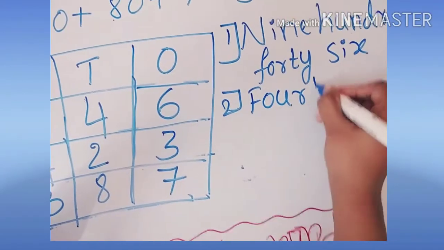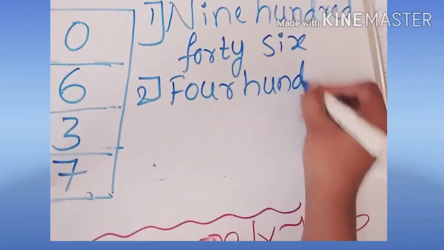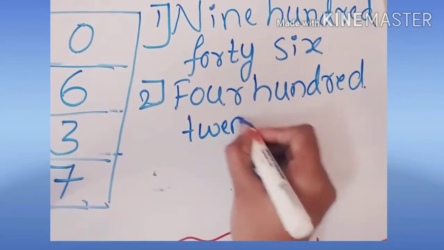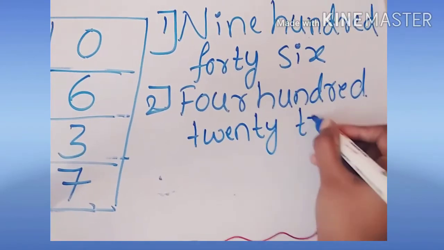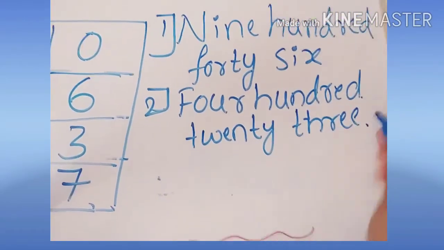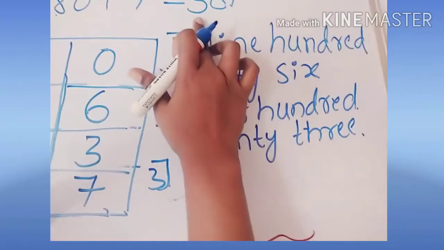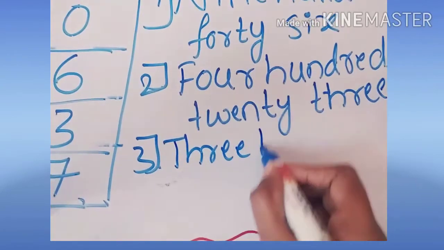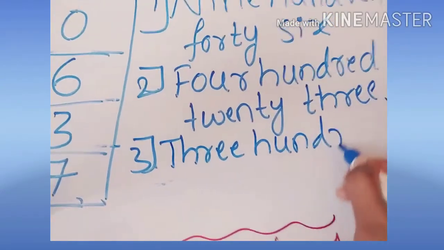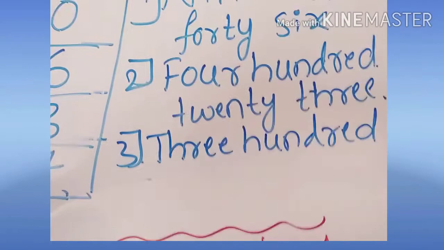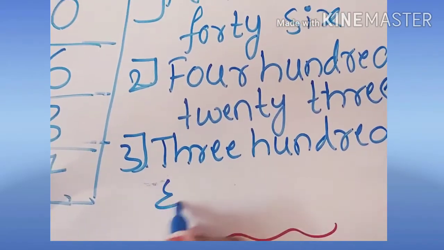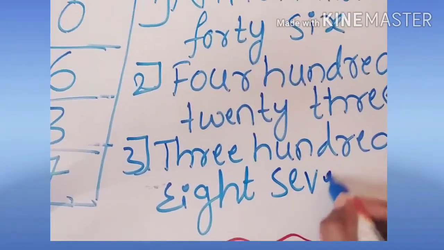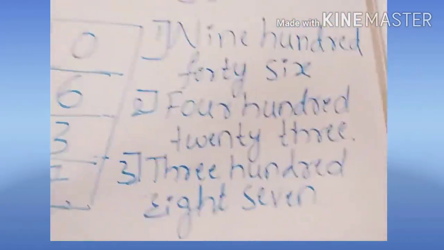F-O-U-R, 423, 23. And third one, 387. T-H-R-E-E, 300, H-U-N-D-R-E-D, 387. E-I-G-H-T, 87. Like this, we have to write the number names.